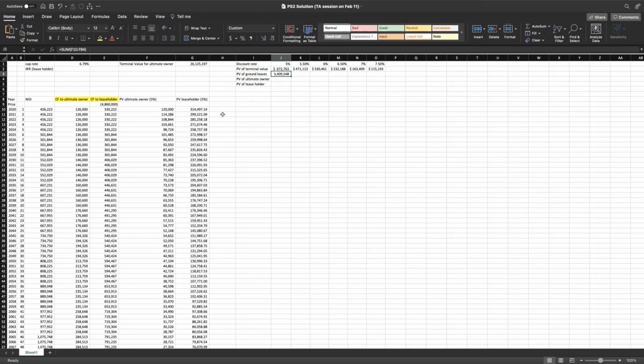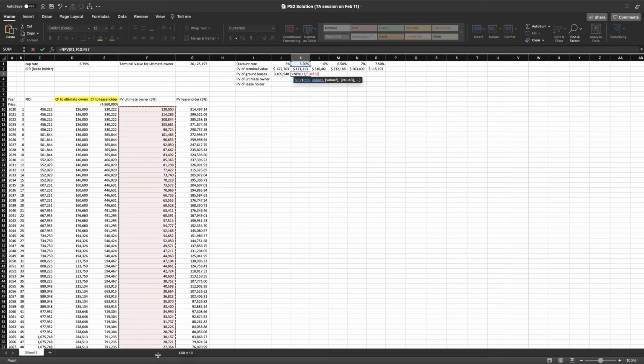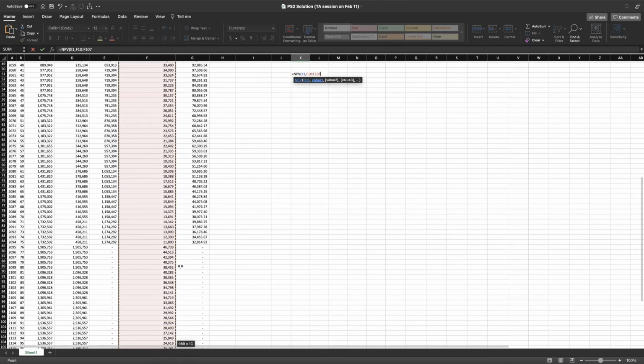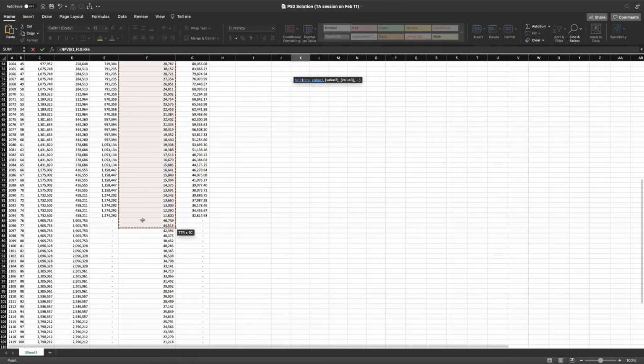If you want to work on specific numbers, following the way I did, you can change all the discount rates like the J1 here, but I will just use the NPV formula, the rate and the values. Still, the present value of all the ground lease payments will be here.